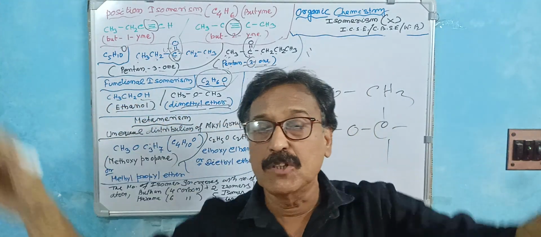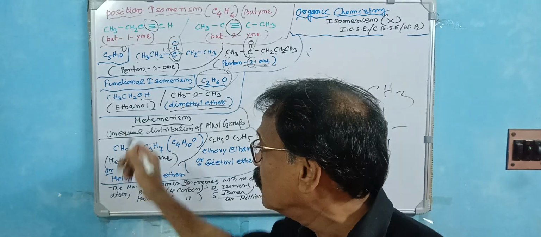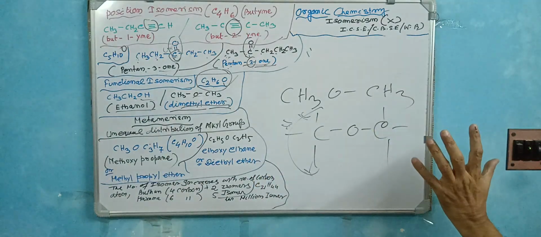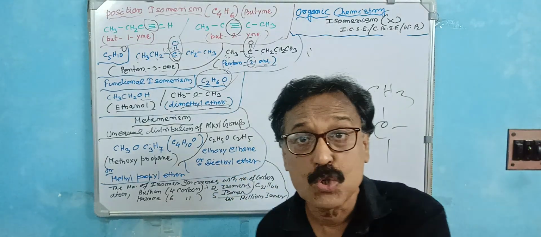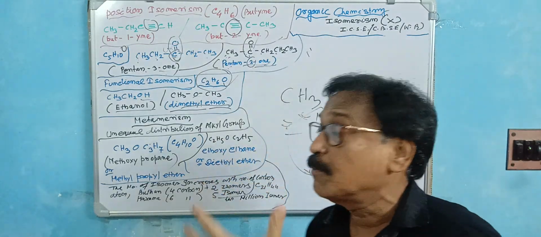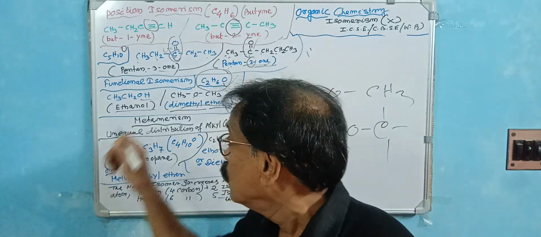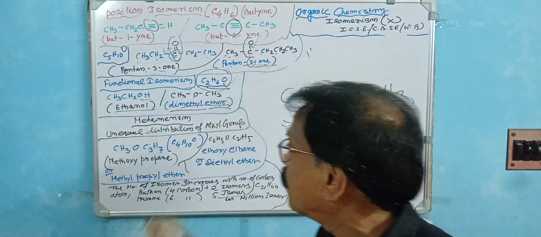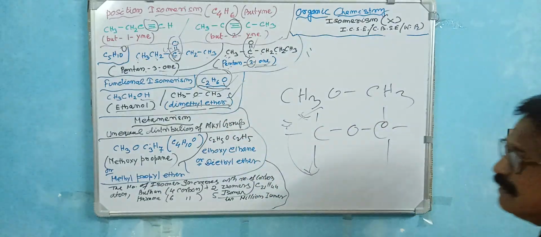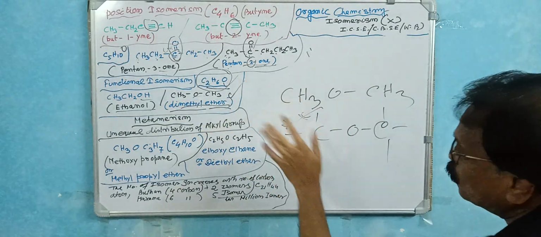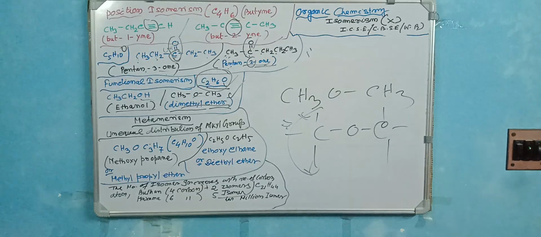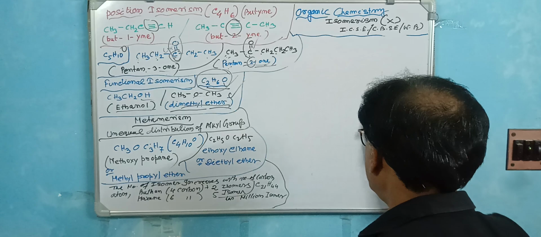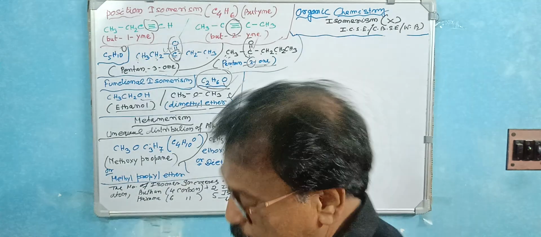Two separate compounds are formed from the same molecular formula. This is alcohol, this is ether. This is the beauty. Organic chemistry, the isomers: a huge number of isomers are formed. The same molecular formula, two different compounds. Here is the alcohol form, here is the ether form, dimethyl ether, because of the methyl groups. So this is functional isomerism: the same molecular formula but different functional groups.